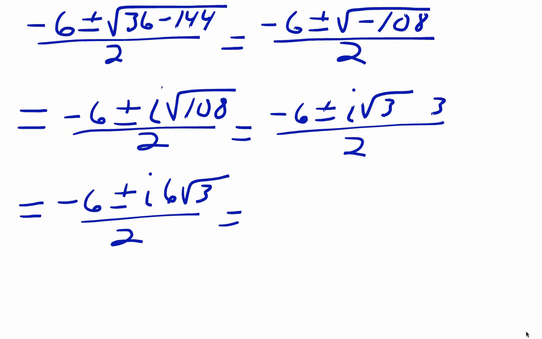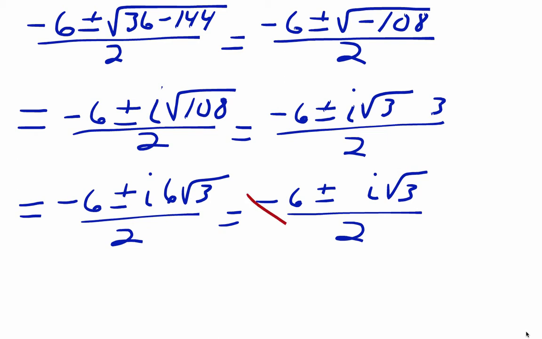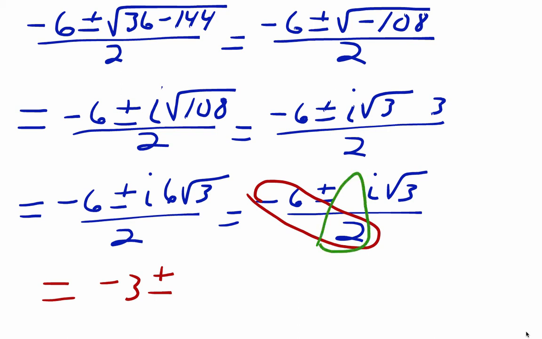So now I have negative 6 plus or minus 6i square root of 3, all over 2. Now this can be simplified further, because these two can be simplified to negative 3. So I'd have negative 3 plus or minus, and these can be simplified down to 3i square root of 3.